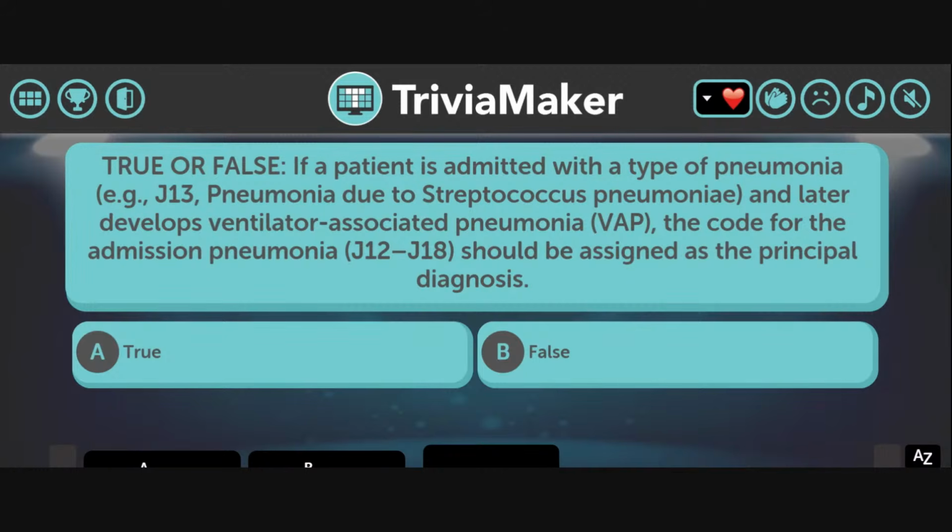So they come in with one type of pneumonia, it develops to ventilator associated pneumonia. Are we assigning the original pneumonia as the principal diagnosis? Yes or no?